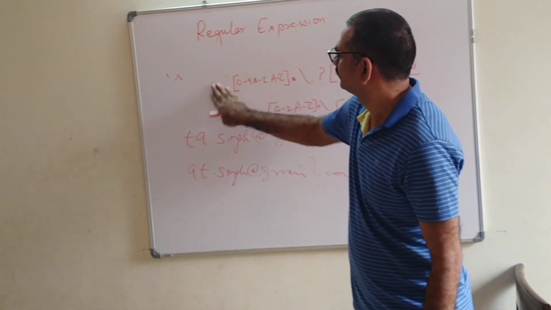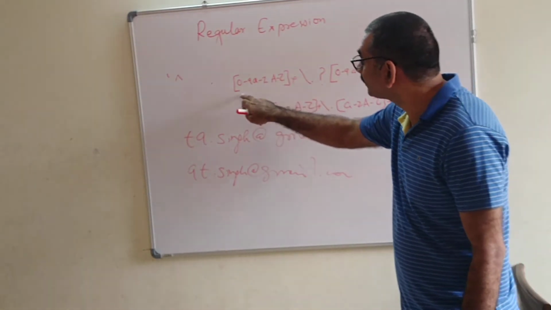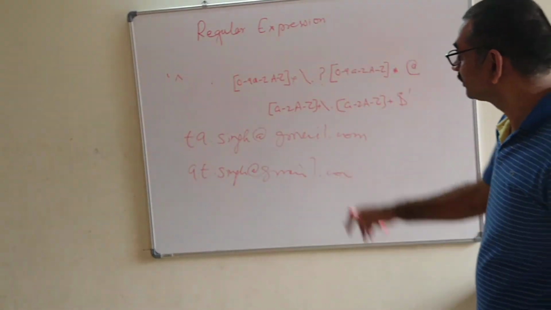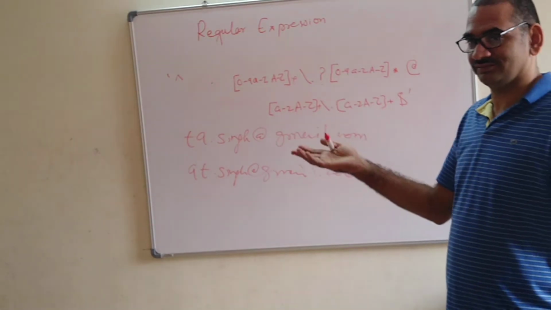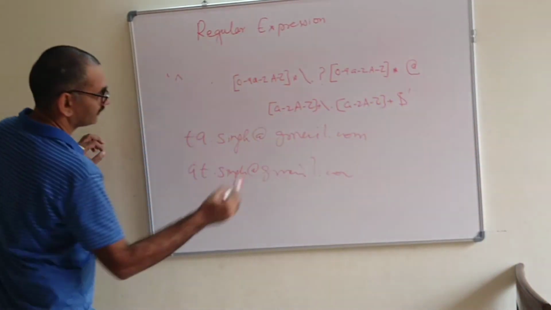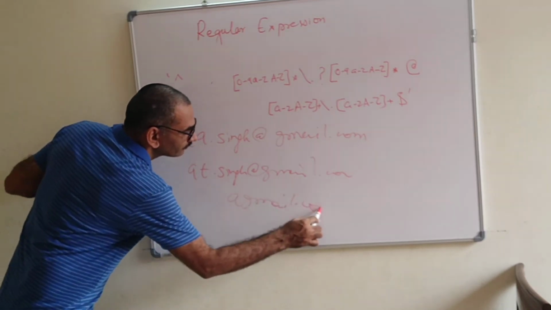Remove this and put a plus here. Plus is important because you have to say one or more is important. If you just put star everywhere, then let's say if you put star here, then at gmail.com is also a valid thing. Why?